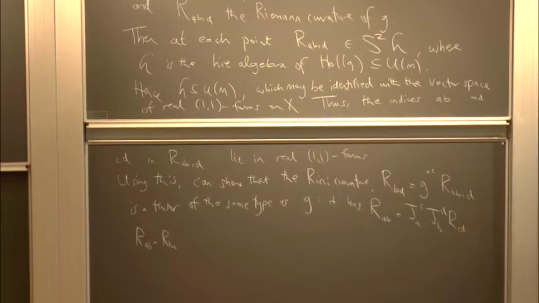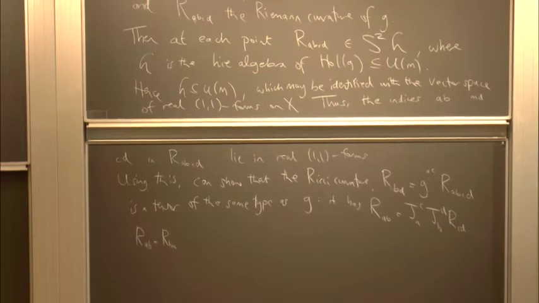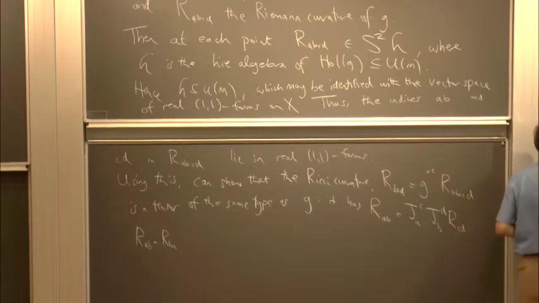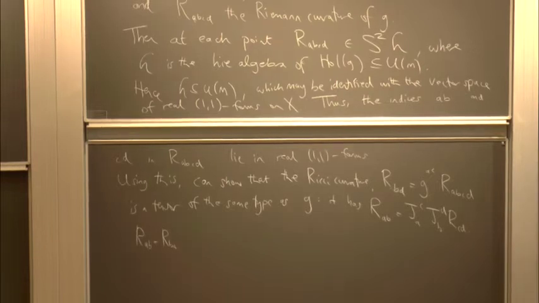We could also write it as Lambda^m_C of the bundle of (1,0) forms on X. So this is a holomorphic line bundle on X called the canonical bundle.